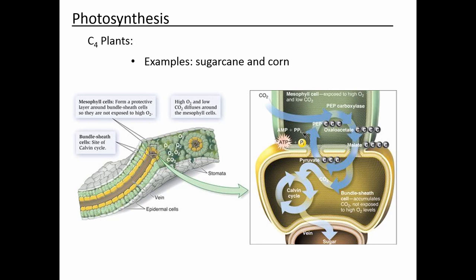So in C4 plants, they actually have two photosynthetic cells. They have mesophyll cells, which C3 plants have, and then they also have these cells called bundle sheath cells.